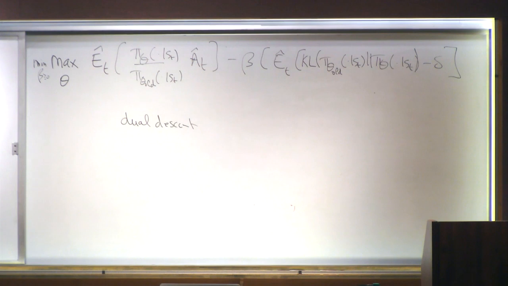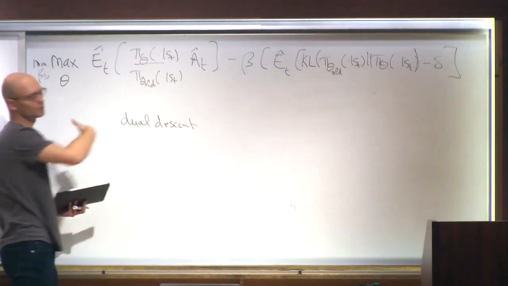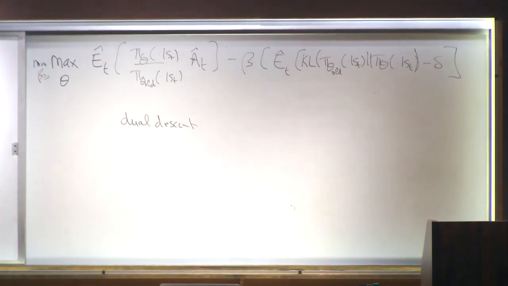If I think carefully about what's really happening, we're trying to ensure that we keep our policy pi theta close to our old policy pi theta old, while, of course, moving a little bit away to improve our score in the objective. So in some sense, what's happening here is that we don't trust our objective when we're too far away from the old pi theta. If we're too far away, we don't trust it. And that's what the second term is trying to do.